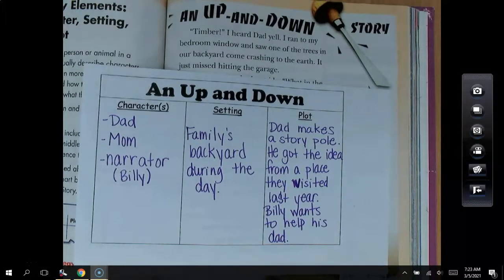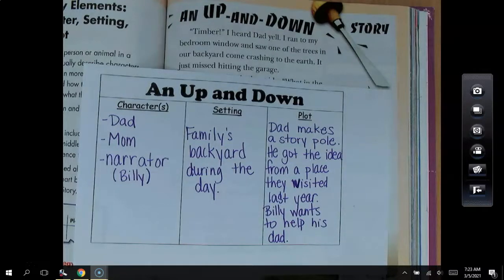So you just completed literary elements. We talked about the characters within the story: Dad, Mom, and the narrator, the person that's telling the story, which we found out was Billy. The setting, where and when the story takes place, which in this case was the family's backyard during the day.